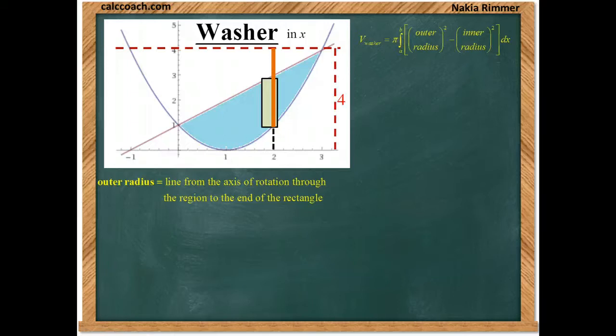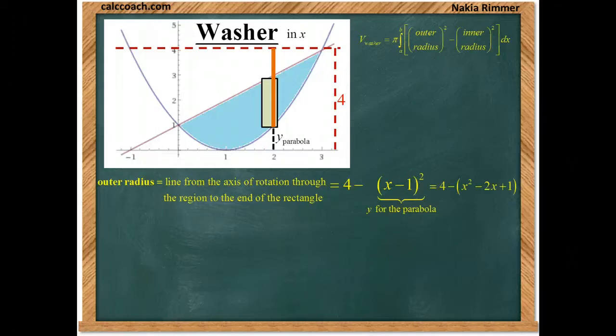From that, we subtract this distance up from the x-axis. This distance up from the x-axis will always be called y, but it's the y for the parabola, whose equation is the quantity x minus 1 squared. So we take 4 and subtract that vertical distance up to the parabola, and that will be our outer radius.